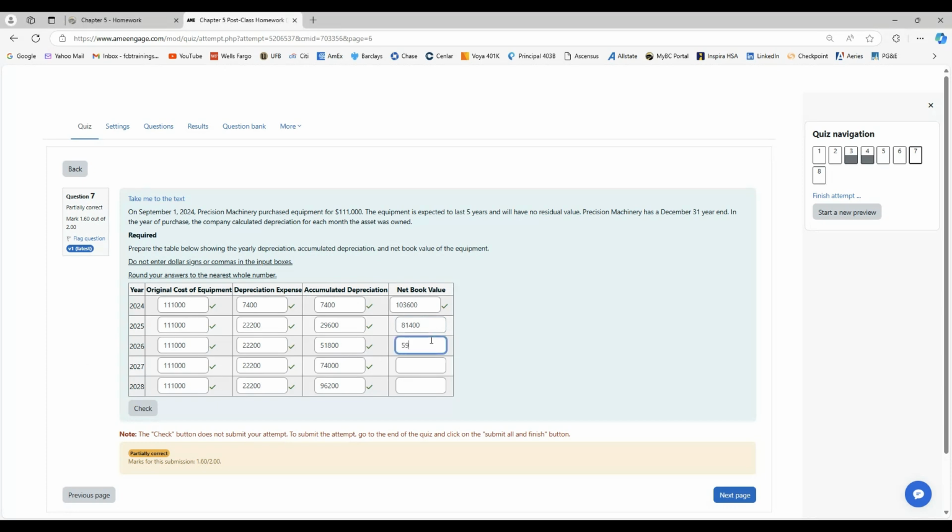So 59,200. And remember that if you ever get to 0 net book value, then you just don't depreciate it anymore. It's done depreciating at that point, and it carries forward usually either a 0 net book value because you fully depreciated it, or if it has a residual value, maybe 500, whatever that residual is, it'll depreciate down to that residual value basically.